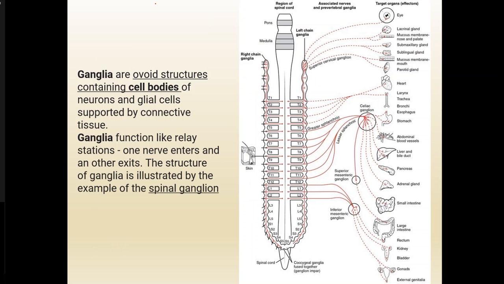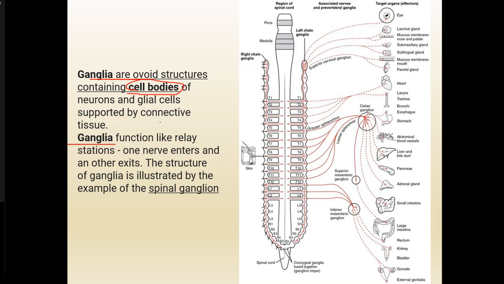All right, and now I want to talk about ganglia. What are ganglia? We have seen them in many pictures already, but we haven't really defined them precisely. Ganglia are ovoid structures containing cell bodies of neurons, as we have seen for the spinal ganglion of the dorsal root just a minute ago. But these are not the only ganglia that we find in the peripheral nervous system. There are several types of ganglia that we're going to recognize right now.